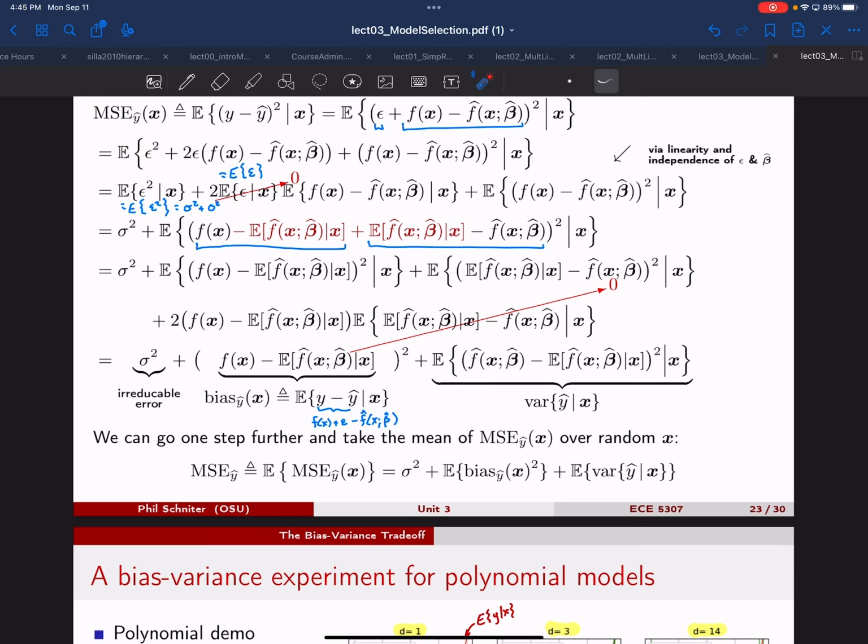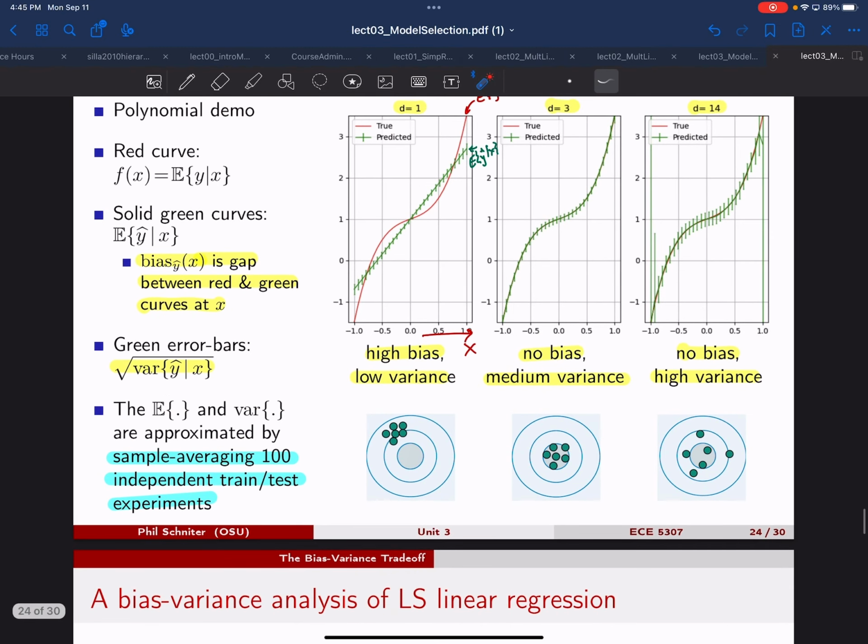So I would say, yeah, they're not really related. They're kind of opposites. One of them is about how far you are from the target on average, and the second one is how much you deviate from your average. So those are pretty different. Okay. Any other questions?